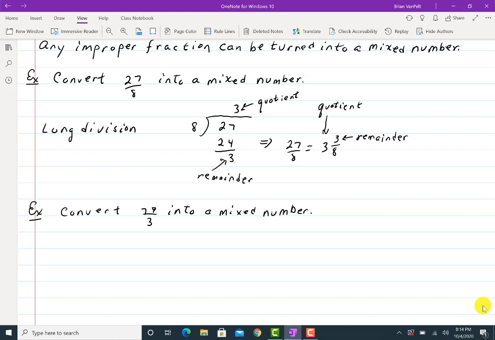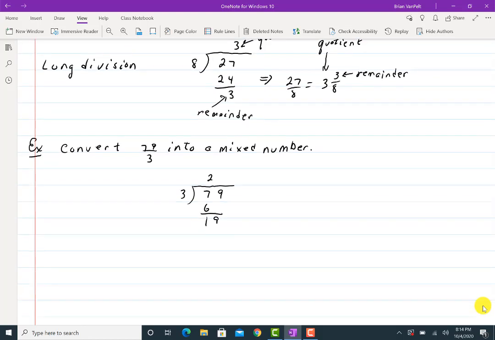So I'm going to do long division. 3 goes into 79. I'll start, 3 goes into 7 twice. And then 3 goes into 19 6 times. We have a remainder of 1.